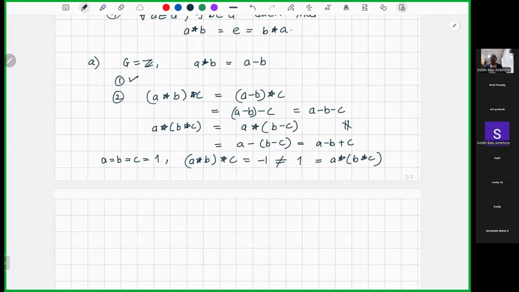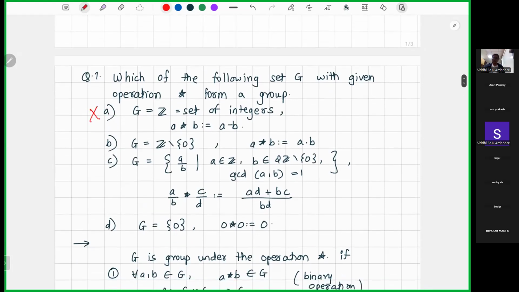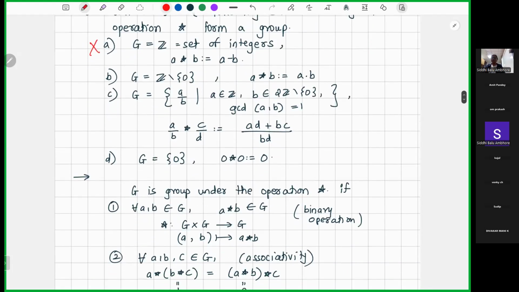You can check this: 1 minus 1 plus 1 will be 1 here, and 1 minus 1 minus 1 will be minus 1 here. So this first option is definitely not a group. Okay, second one, Z minus 0 but with multiplication.